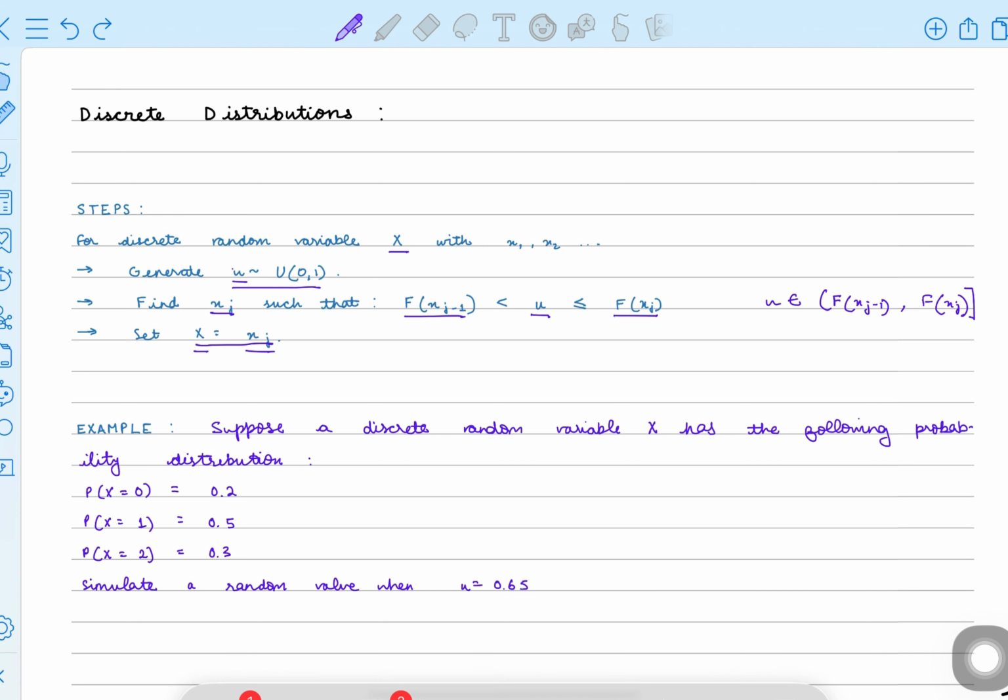So the first step is to generate u. Since that's already done for us in the question, we move on to the next step. We start by constructing the CDF.